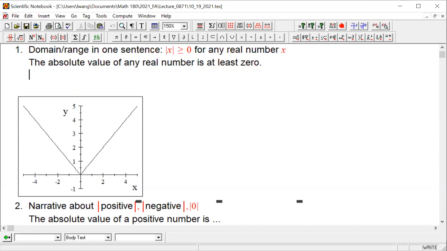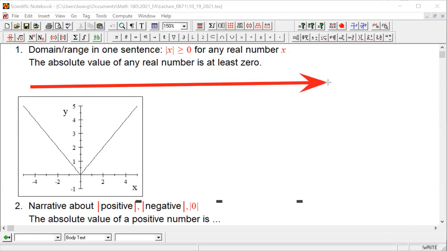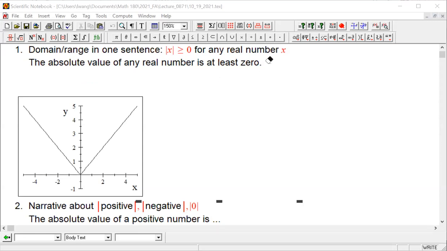look at this from the number line, right? That's the number line. Maybe I should change the color. It's too striking. Okay, make it green. That's the number line, right? We have the origin.